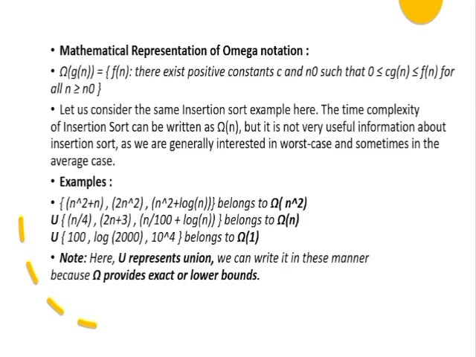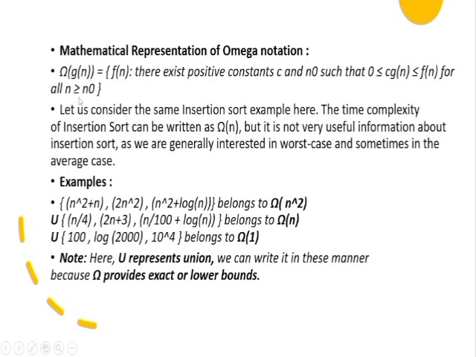Mathematical representation of omega notation: Omega g of n equals f of n, there exist positive constants c and n0 such that 0 less than or equal to c g of n less than or equal to f of n for all n greater than or equal to n0.